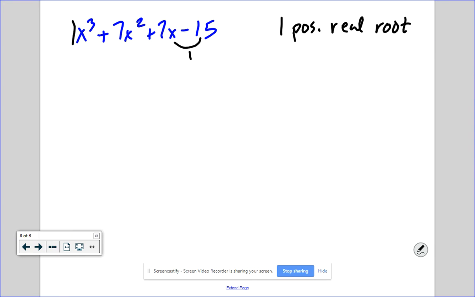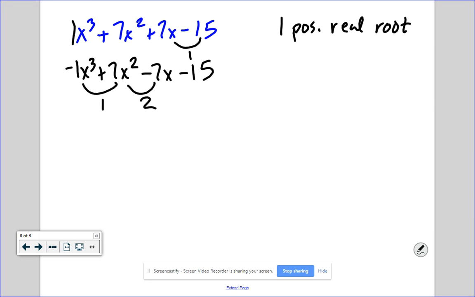And again, for when we do negative x, what powers do we change? The odds. So negative 1x cubed plus 7x squared minus 7x minus 15. 1, 2. So that tells us there are 2 negative or 0 negative.